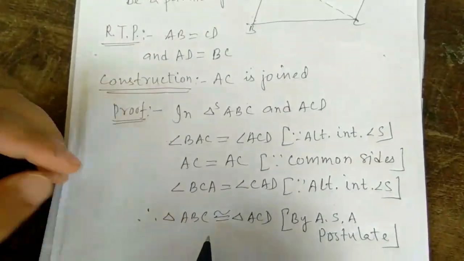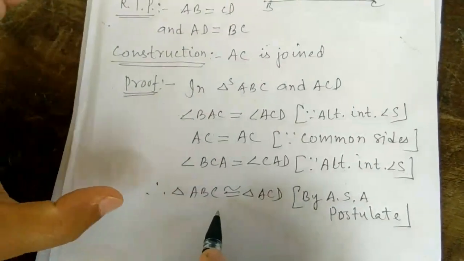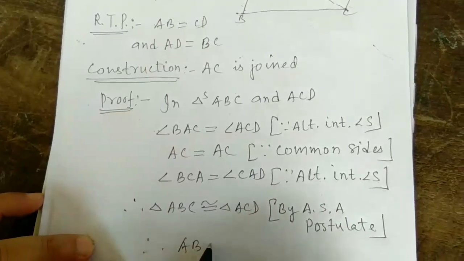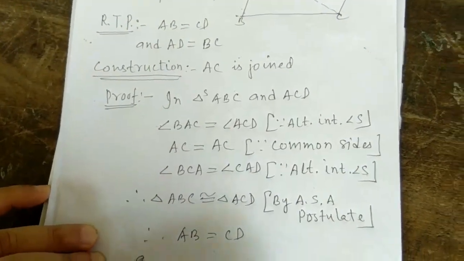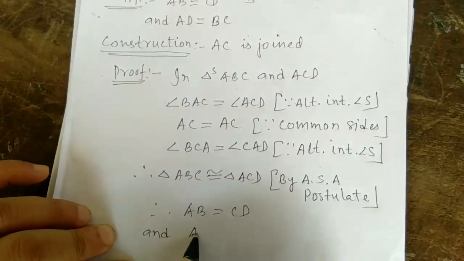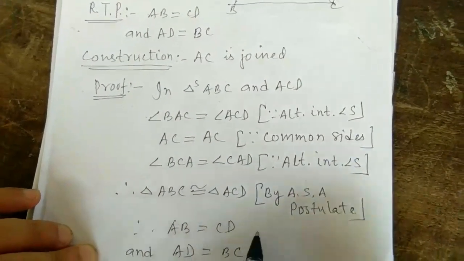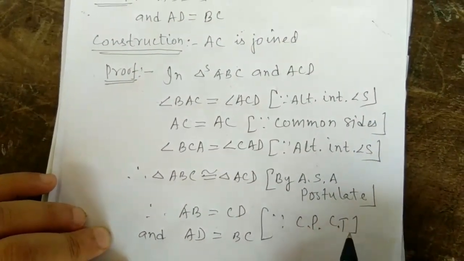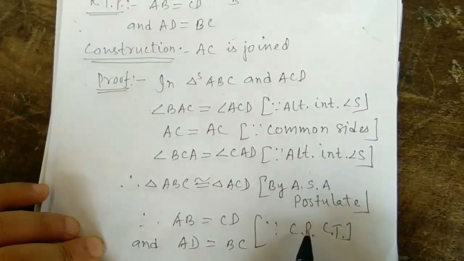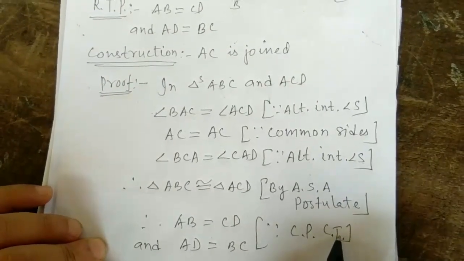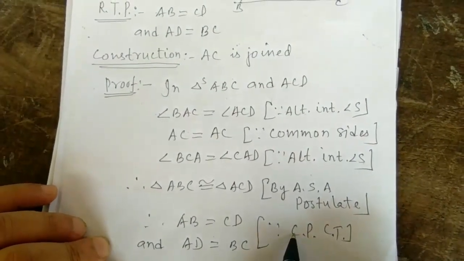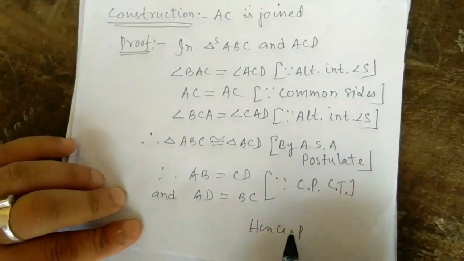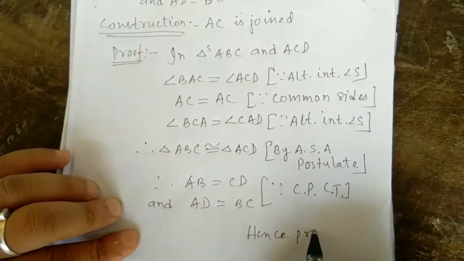If any two triangles are congruent, whatever we have to prove, you write directly. Therefore AB equals CD and AD equals BC. Reason, since CPCT means corresponding parts of congruent triangles. Hence proved.